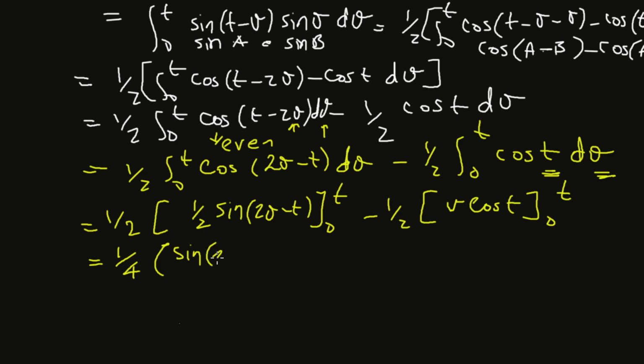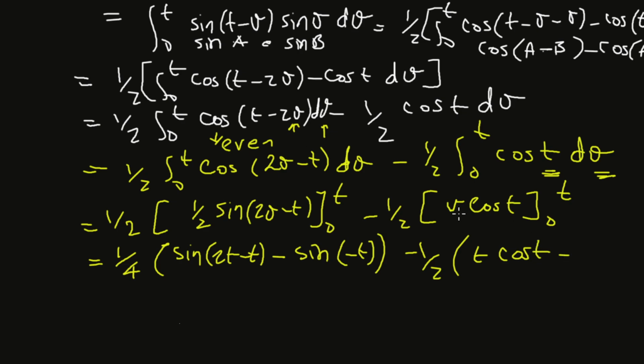Now I'll use t: it will be sine of 2t minus t, minus sine of 0 minus t, which is negative t, and 1/2 t cosine of t minus 0 times 0.